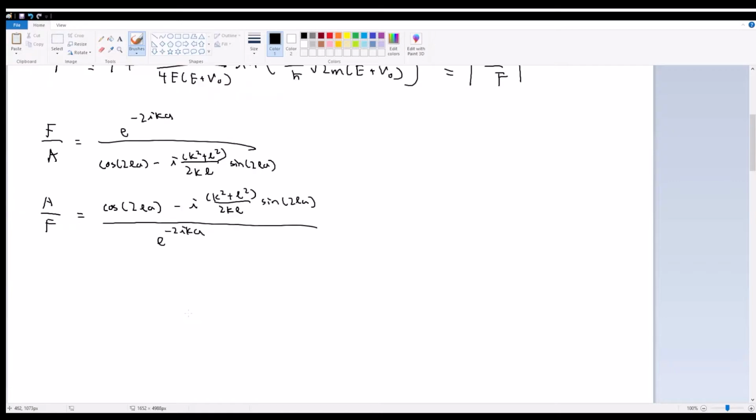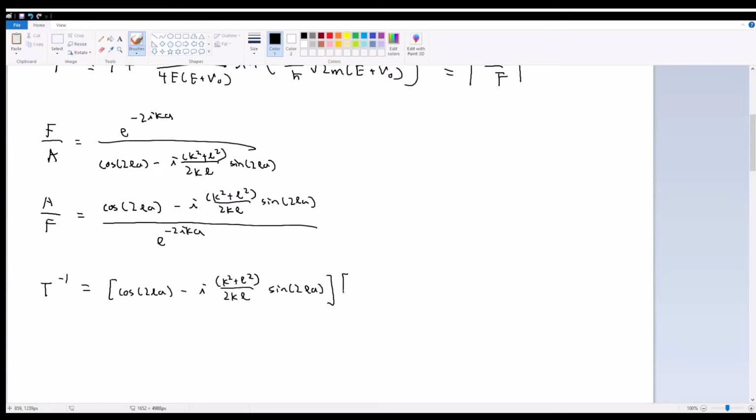If we then take the magnitude squared of this, then we get T inverse is going to equal, immediately this bottom term goes to 1, because if you take the magnitude squared, then you're multiplying by e to the positive 2iKA. Those just go to 1. At the top, we have cosine 2LA minus i times (k squared plus L squared) over 2KL times sine of 2LA.